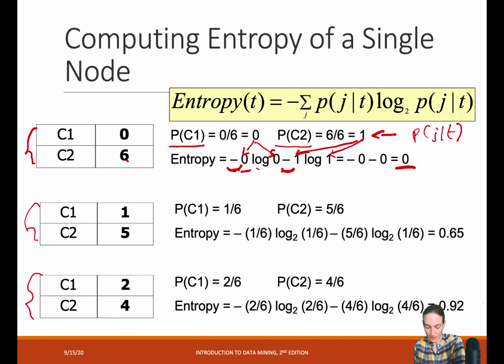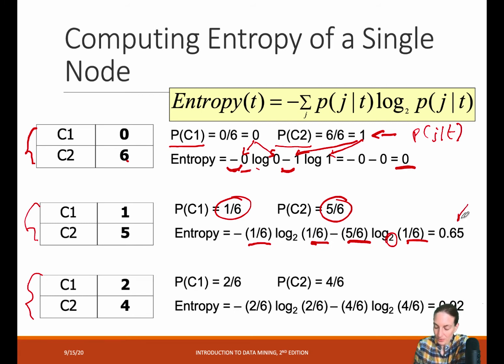The same thing happens for the second node, where we have 1/6 and 5/6. We fill it in again here. Notice that we take a logarithm with base 2. That means what we have here is actually information expressed in bits. So if you want to read it correctly, it's actually 0.65 bits. That's totally on the side.